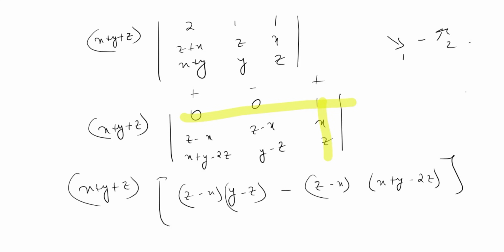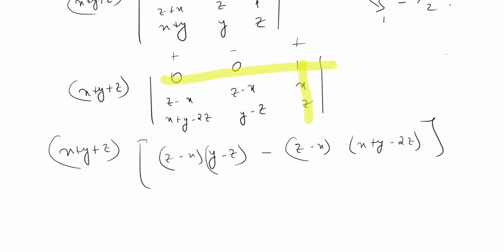So in x plus y plus z, z minus x is there and this is twice, so we can easily take z minus x as common. Then this will be z minus x, and here we are left with 1 minus z.